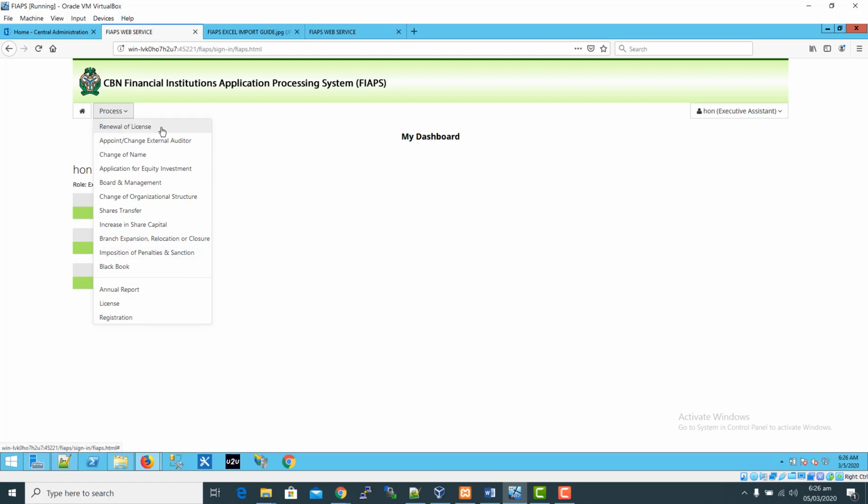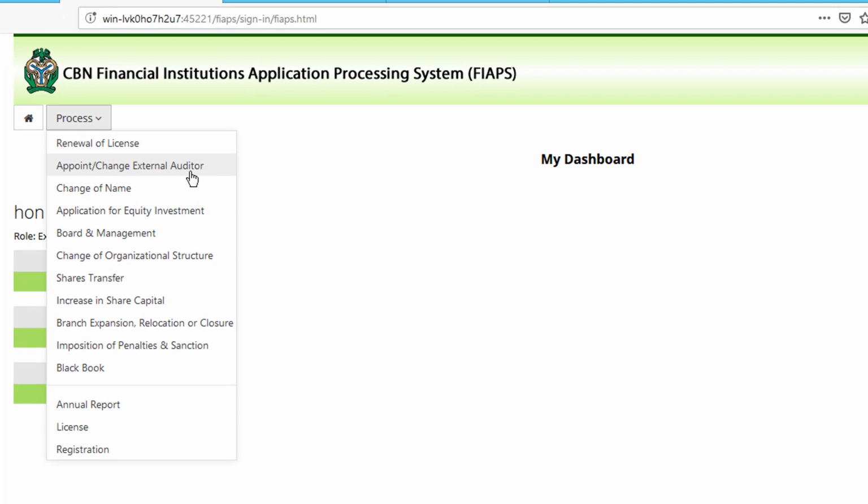So we have the renewal of license, appoint/change of external auditor, change of name, application for equity investment, board and management, change of organization structure, shares transfer, increase in share capital, branch expansion, relocation or closure, imposition of penalties and sanctions, black book, annual reports, license and registration. So any job function that cuts across these processes listed, FIAPS can be used to manage such operations.